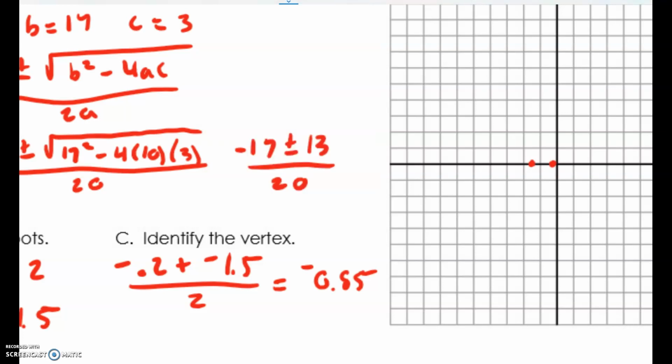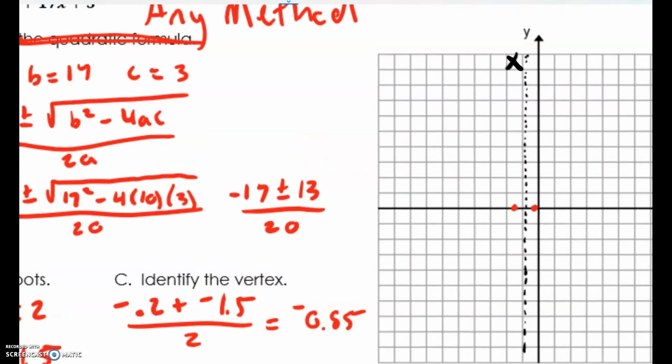Switch colors, and that's at negative 0.85. So I'm going to go as close to 1 as I can. Okay, so this black line, that's my axis of symmetry, x equals 0.85. That's a negative number, though.